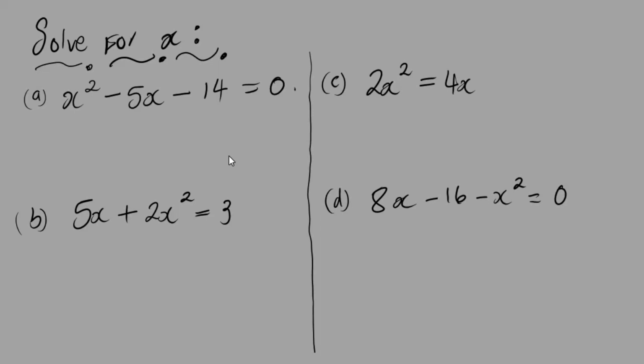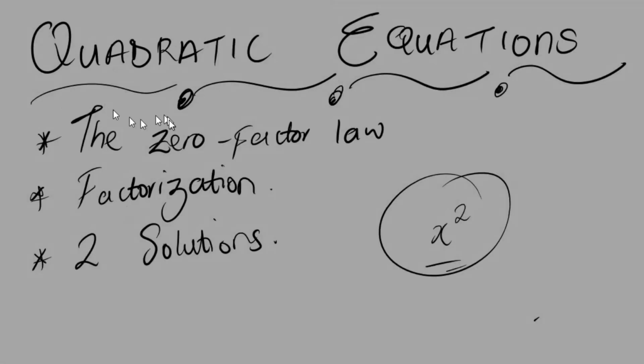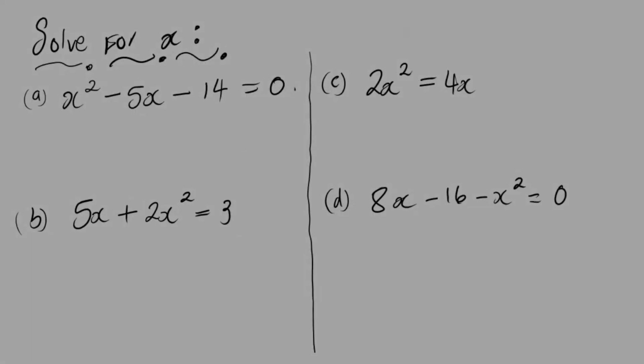After factorizing, then you use the zero factor law, as we spoke about it. The zero factor law, you probably know it, you just don't know that we call it the zero factor law. So I'll explain that during the process as I do these things. And let's just get straight to it.